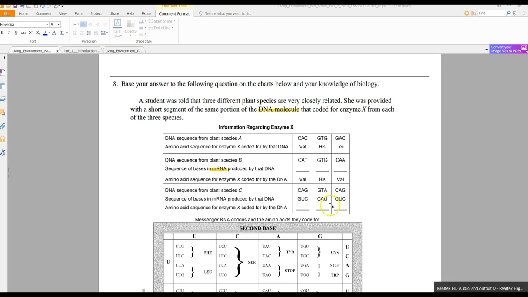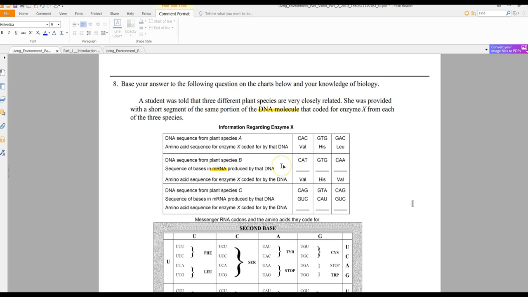So, all right, guys. Now we're going to have a question that only asks for parts of what's missing. So here, these are blanks that you have to fill out. And these particular blanks are messenger RNA. So if it's messenger RNA, you don't need the chart.